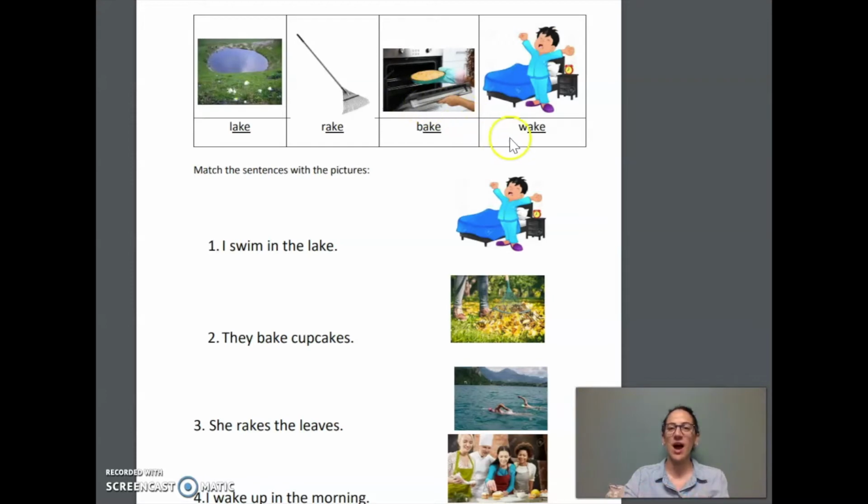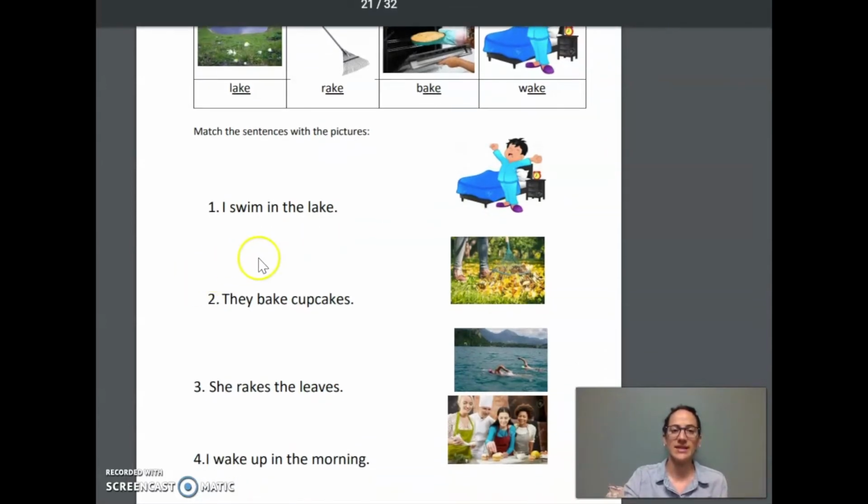Nice. Our last word with our ache sound begins with the letter W. Makes the W sound. W, ache, wake. Look at the picture. That's when you're sleeping, and now you're not sleeping. You wake up.